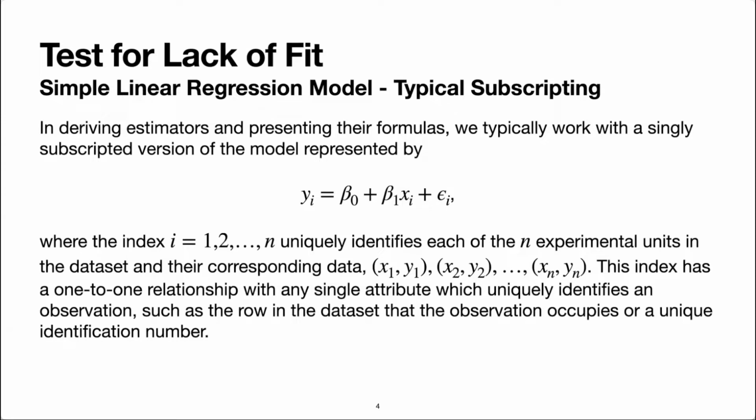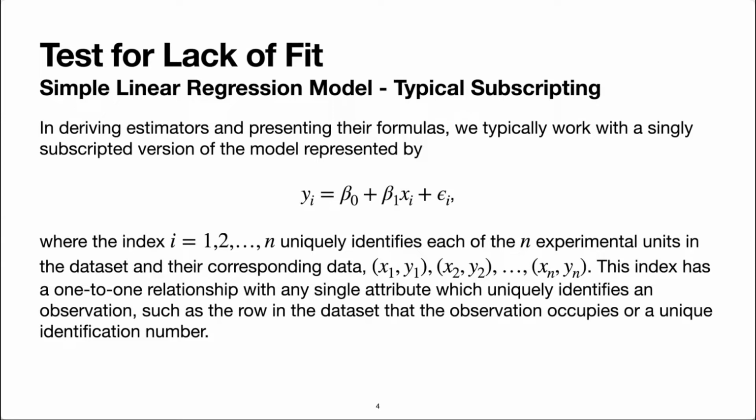Now, this index has a one-to-one relationship with any single attribute which uniquely identifies an observation, such as the row in the data set that the observation occupies, or perhaps a unique identification number. So for example, if the experimental units are people, we might use their social security number as that unique identification number. And so we would have an index i that is in a one-to-one correspondence with that identification number.